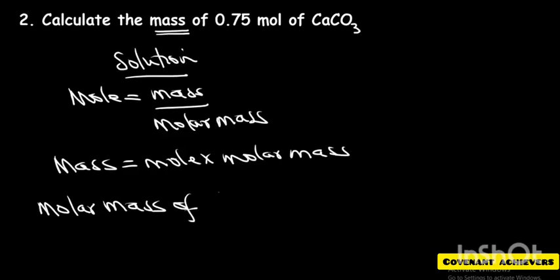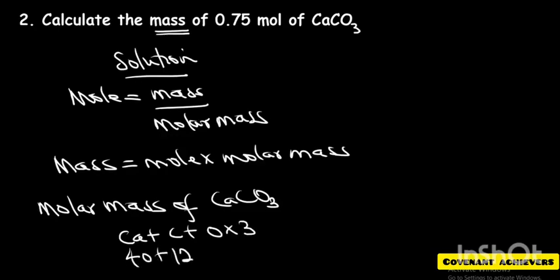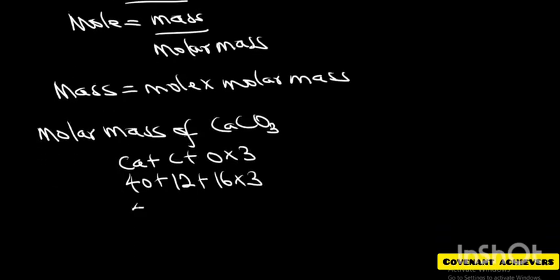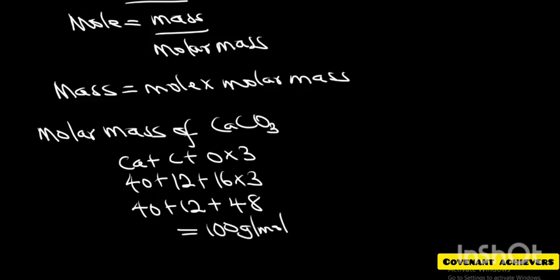of calcium trioxocarbonate(IV), that's going to be Ca plus C plus O times 3. Ca is 40 plus 12 plus 16 times 3, and from there this is going to be 40 plus 12 plus 48, and that gives us 100 gram per mole.